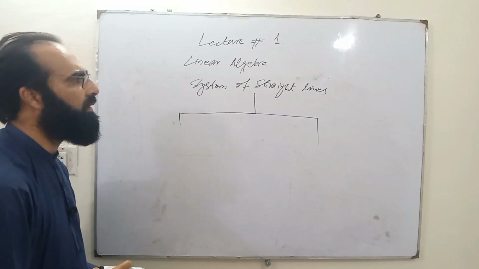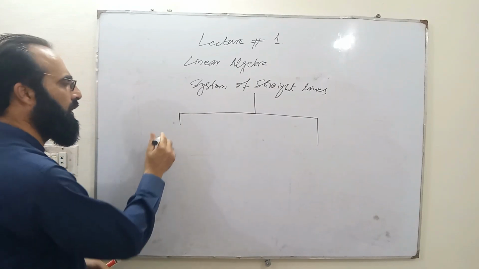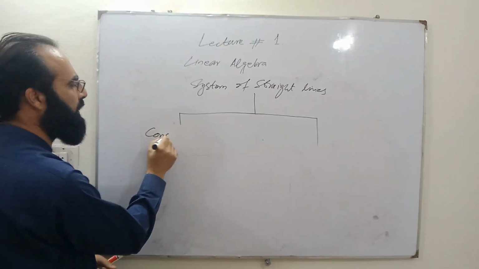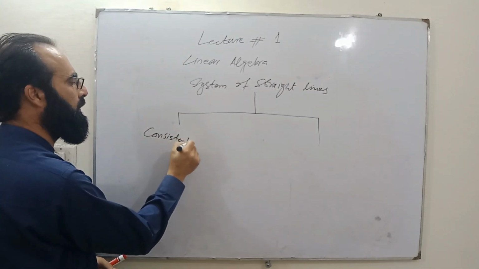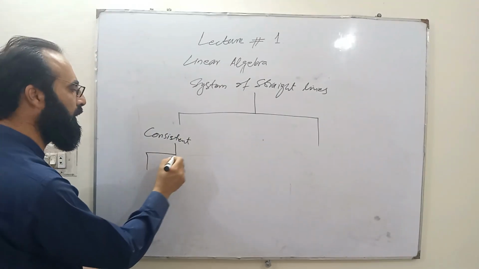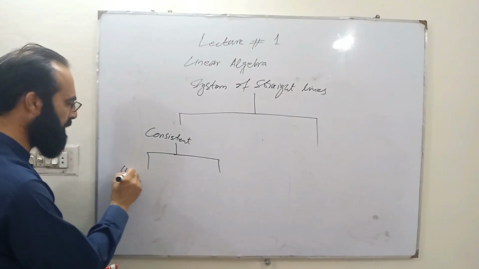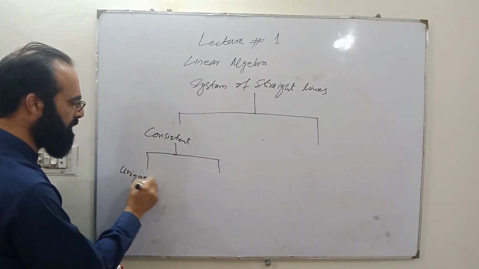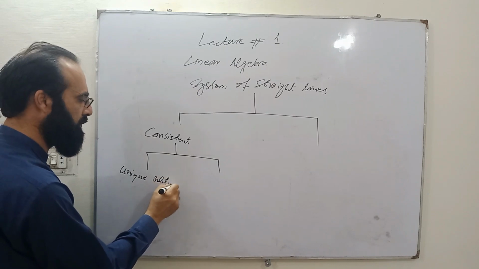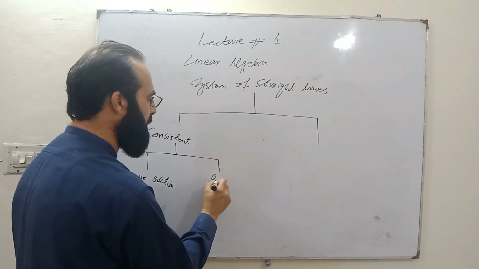System of straight lines. So for example, the system is consistent: unique solution and infinite number of solutions.